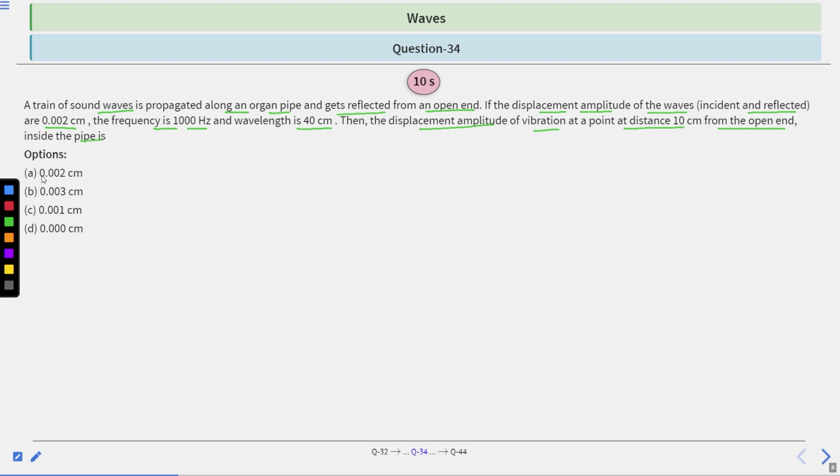Option A is 0.002 centimeter, option B is 0.003 centimeter, option C is 0.001 centimeter, and option D is 0 centimeter. So which option is correct? You have 10 seconds to solve this question. After 10 seconds, we will provide the solution.